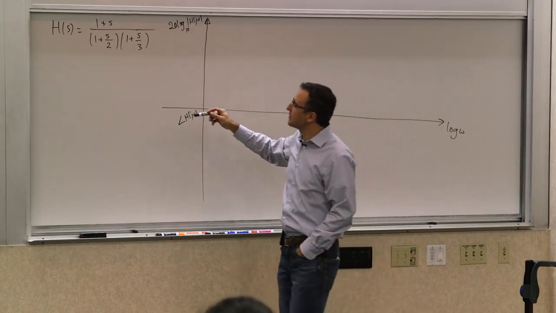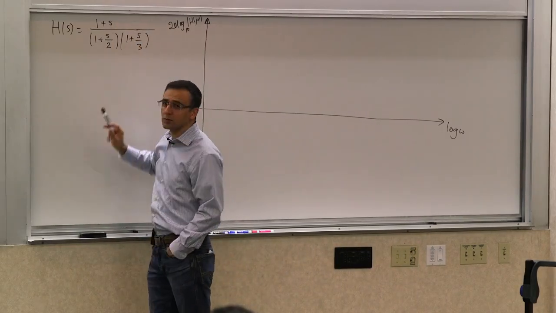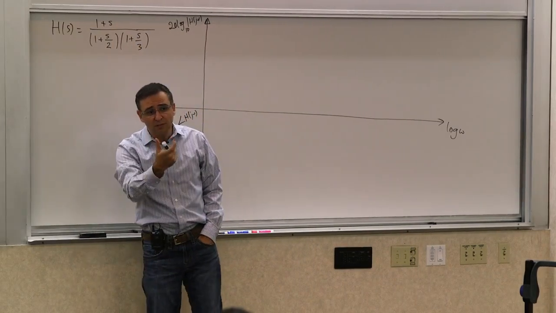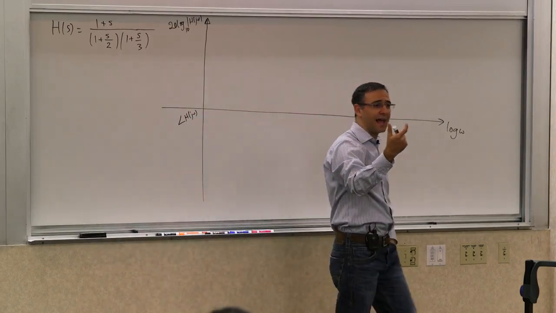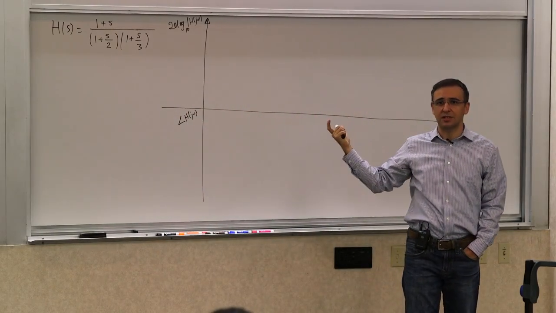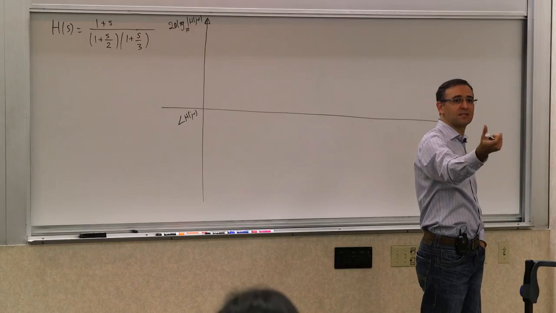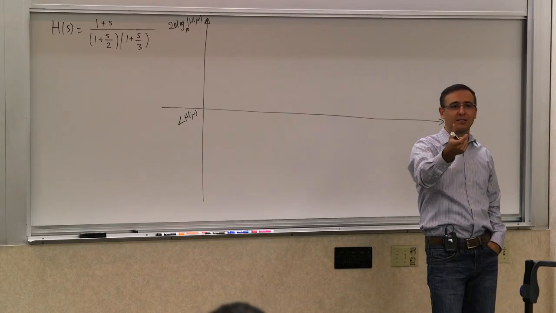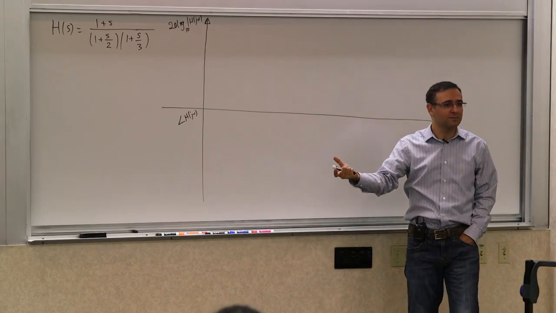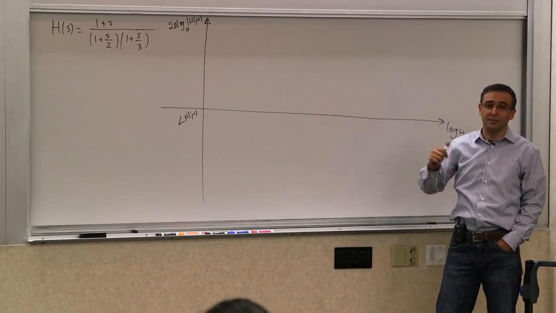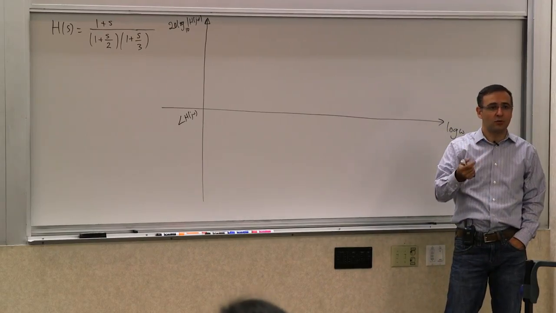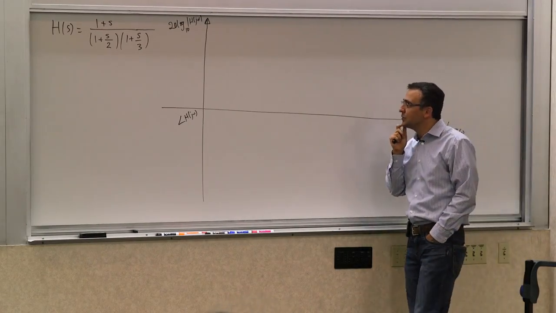So we have three terms. We have 1 zero and 2 poles. Right? But we know something about the Bode plots. The Bode plot is the aggregate of these three because these are basically just getting multiplied. You can think about them as three systems in cascade, one has the zero, one has a pole, one has the other pole, right? So we can actually look at them independently and then do the aggregate of all three. So how do we do that?